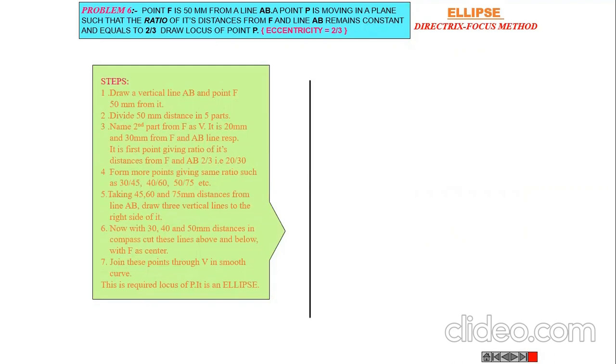The first step, we have to draw one vertical line AB, or we can say that is the directrix. This vertical line is called a directrix. Then second step, we have to draw a horizontal line at approximately the mid of the directrix.